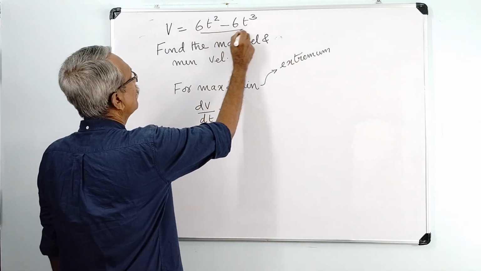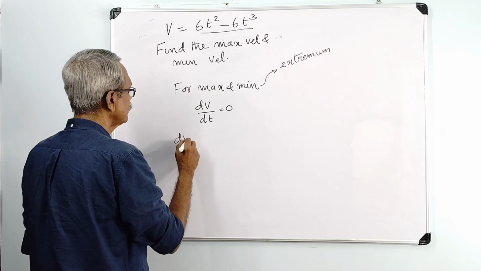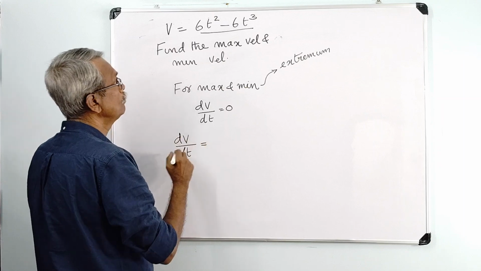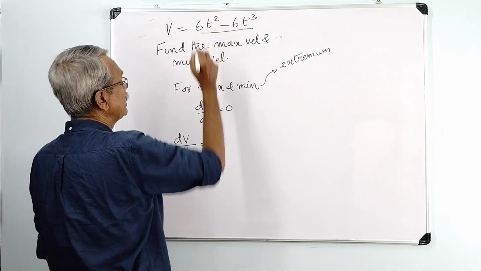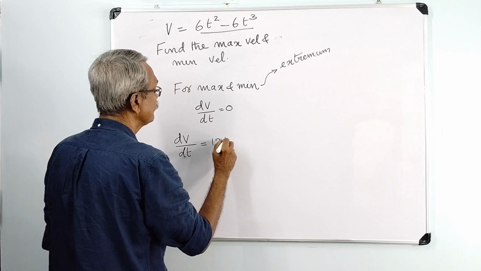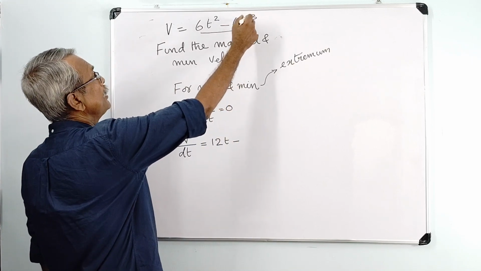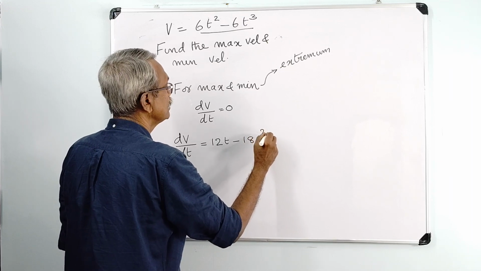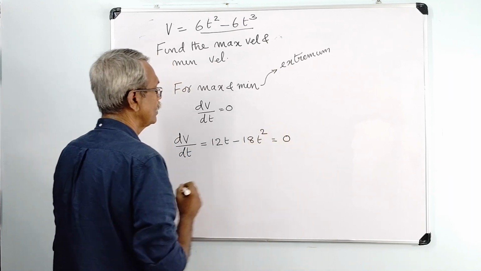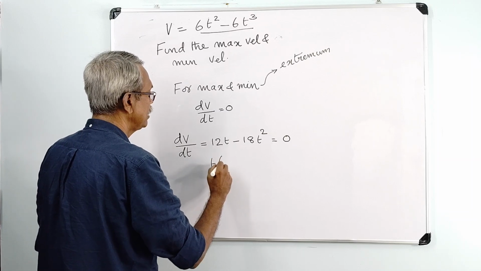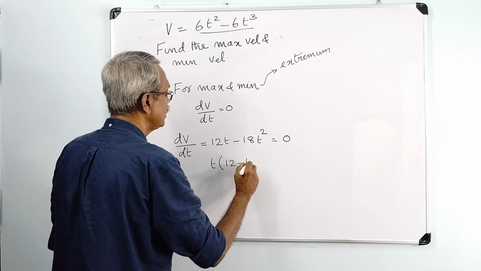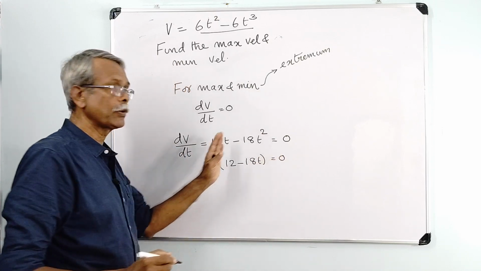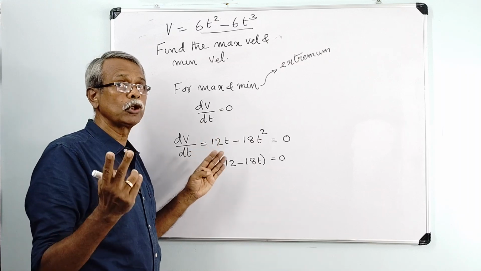Now, we can work out dv by dt. dv by dt is equal to, t square gives 2t, there is 6 there, therefore 12t, minus 6 into 3t square, that is 18t square. This is equal to 0. And this is t multiplied by 12 minus 18t is equal to 0. This is a quadratic equation, therefore it has two solutions.